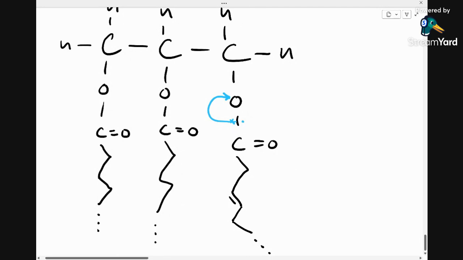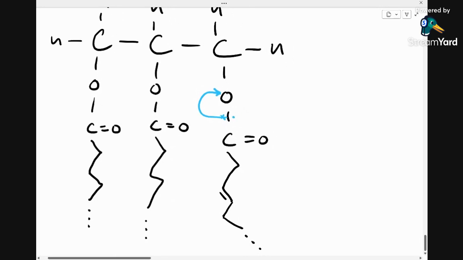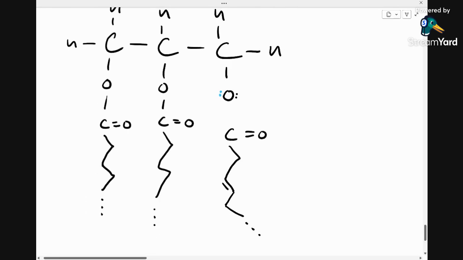Okay, so we hydrolyze that bond. Don't forget, good terminology, hydrolysis, using water. We would need water in order to do this. There'd be an enzyme that does it. And we can give back those electrons to this oxygen, so it has both its lone pairs now. It had a lone pair anyway, like that.